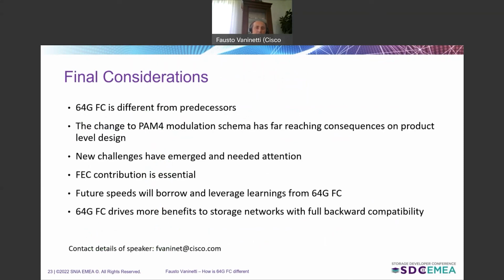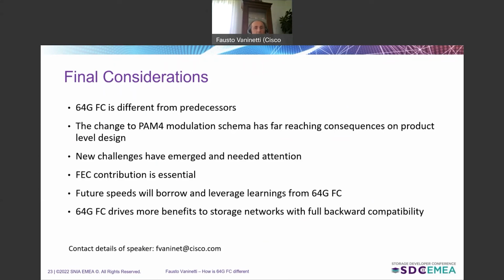In terms of my final considerations, I want you to remember that 64 gig fiber channel is a lot different from its predecessors, but at the same time, it is fully backward compatible. The key difference is the change in the modulation schema from NRZ to PAM4. And this comes with far-reaching consequences on product level design. Forward error correction has now become a critical element of any fiber channel solution because it's the only way we can guarantee an adequate bit error rate on the transmission link.